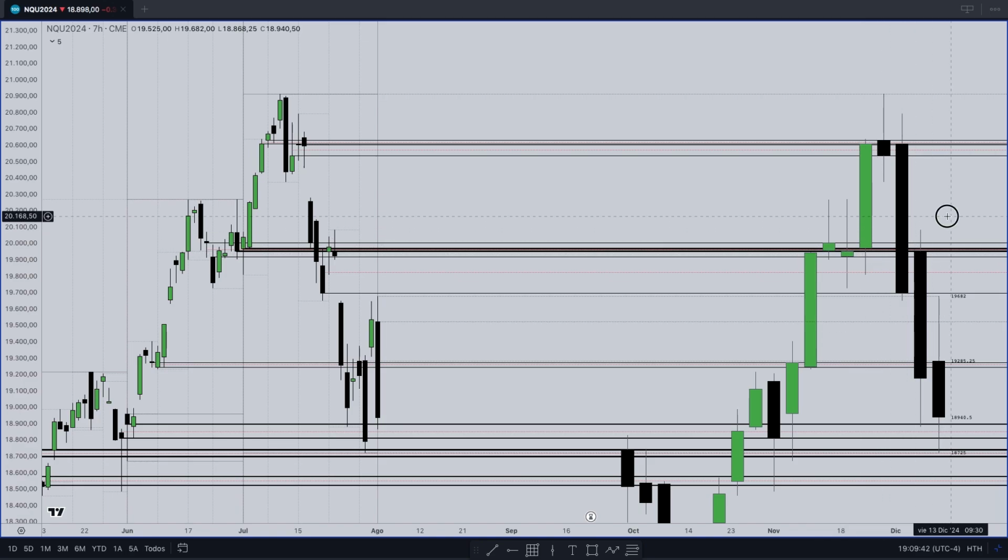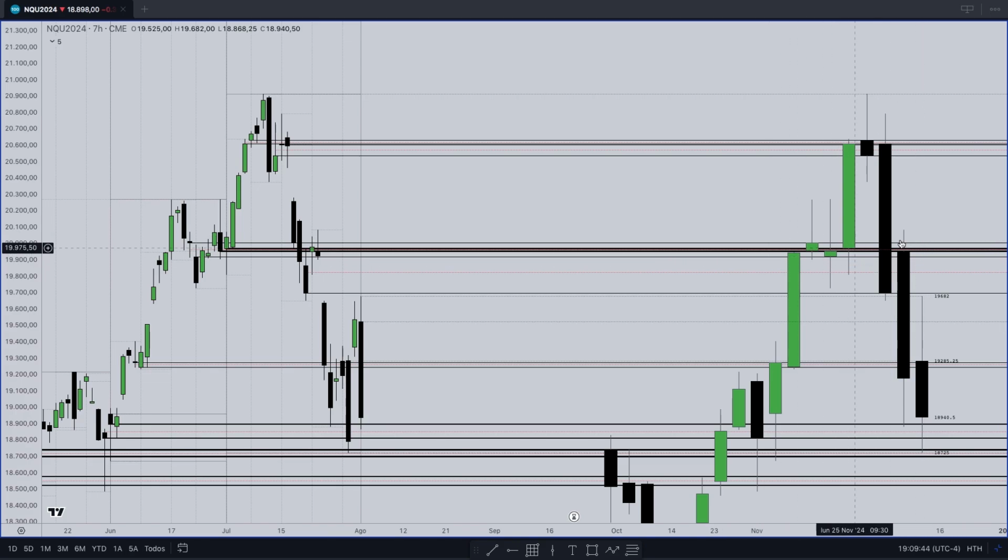So they are going to use these inefficiencies, these gaps, as areas for reaccumulation or to offset positions, like you can see here. You can see accumulation, distribution, change of structure, reaccumulation, distribution again at these same gaps.